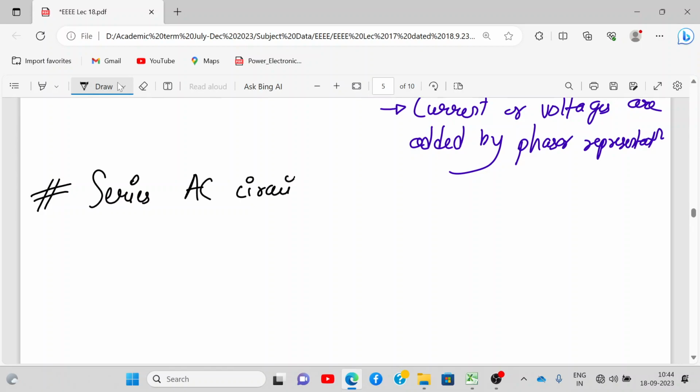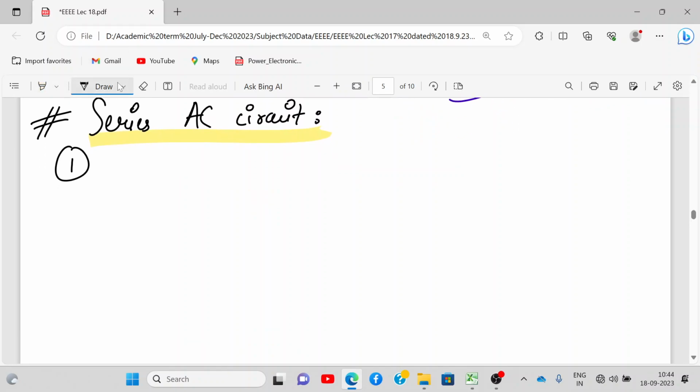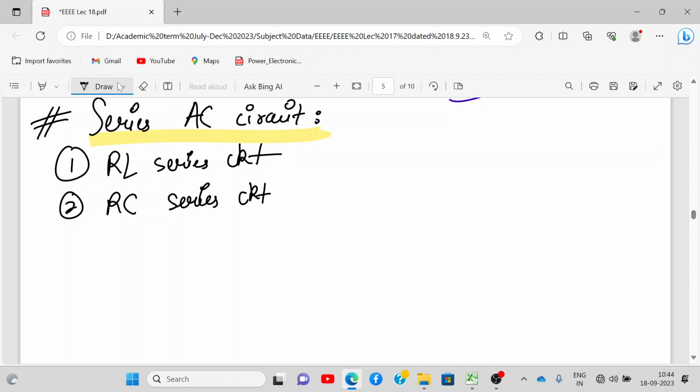Under series AC circuit, we'll study RC series, RL series, and RLC series. Similarly, in parallel also we have RC, RL and RLC parallel.